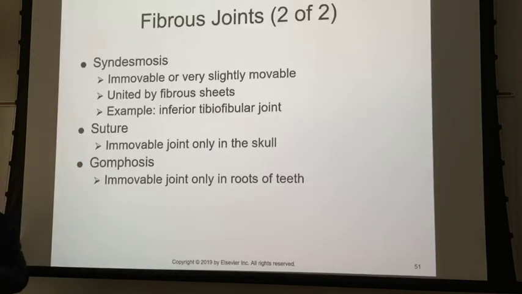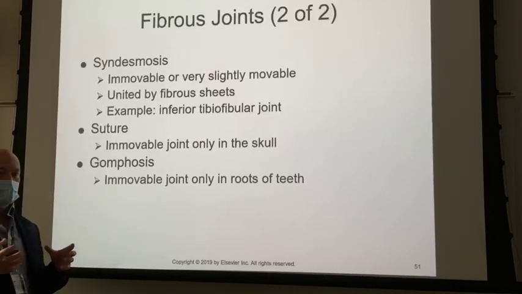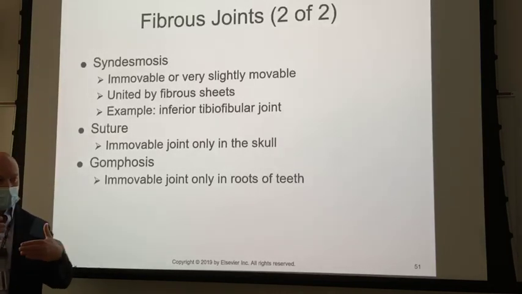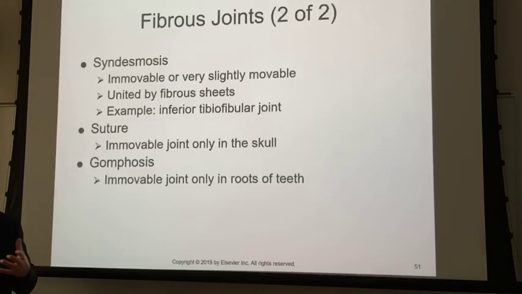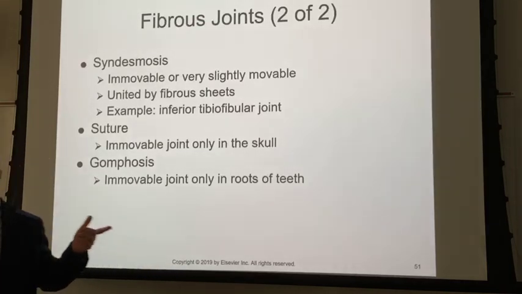But if they didn't have something holding them together, then the little divots that they fit into, they wouldn't be held there very well. So you've kind of got like a compression sock between the bones, not the muscles or anything like that, but between the bones that go from the ankle all the way up to the knee. And that's what a syndesmosis is.